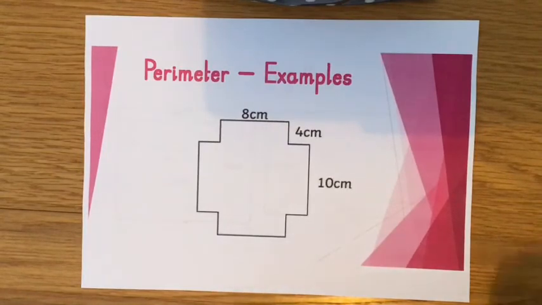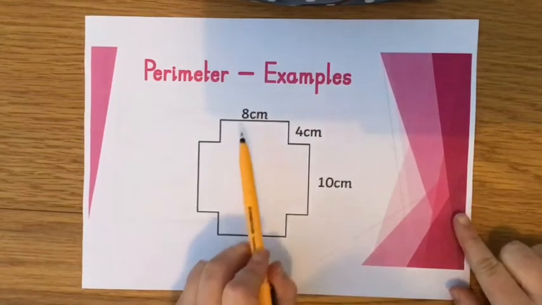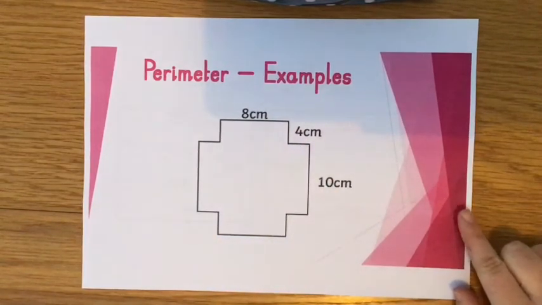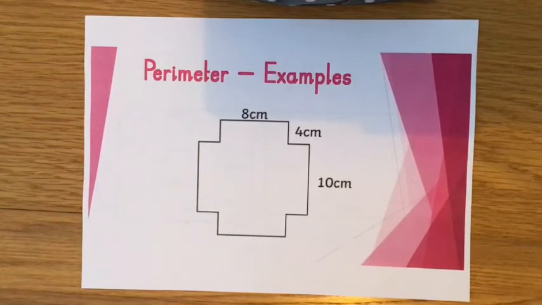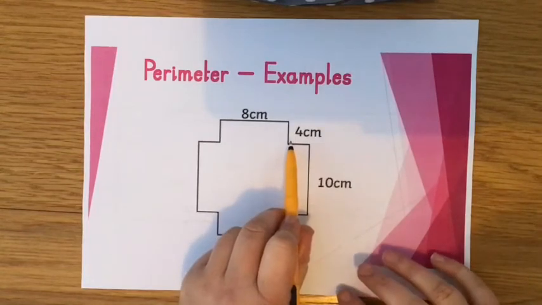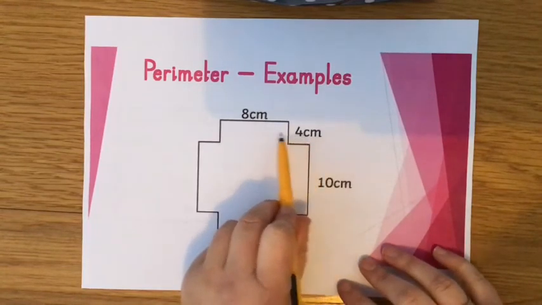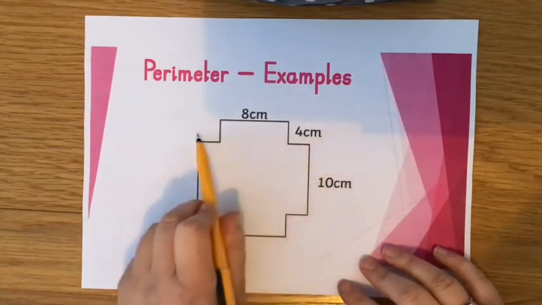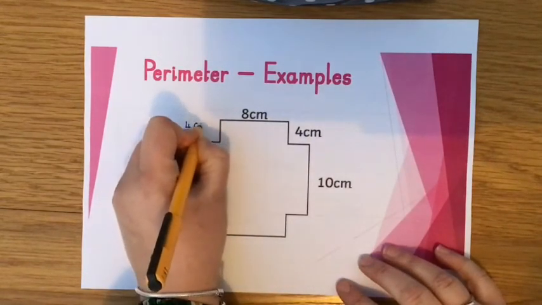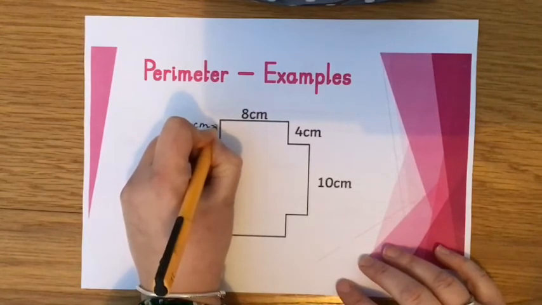So, as you can see on this shape, I've been given 8 centimetres, 4 centimetres and 10 centimetres. Now, using your knowledge of rectangles is going to be really important at this stage. So, opposite sides measure the same. So, if I was to look at the opposite of this side, 4 centimetres, this side is going to be worth 4 centimetres.